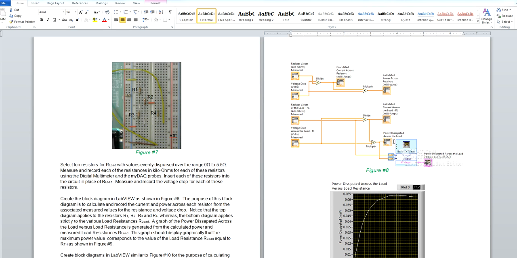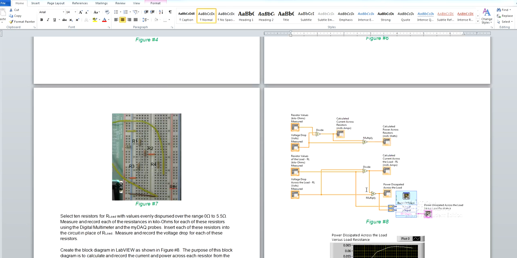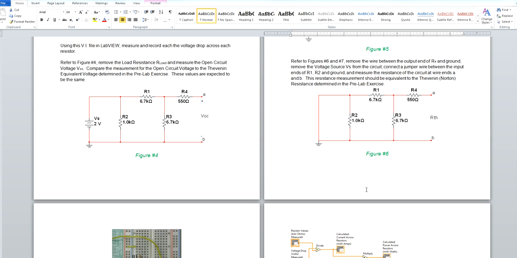Graphing the dissipated power across each one of the load resistances versus the actual measured resistance should give us a graphic display which is approximately close to a peak, which would indicate that the maximum power dissipated occurs at a resistor close to the Thevenin resistance that we measured just a few moments ago, which is consistent with the maximum power transfer theorem.